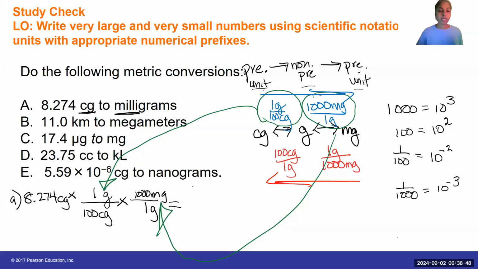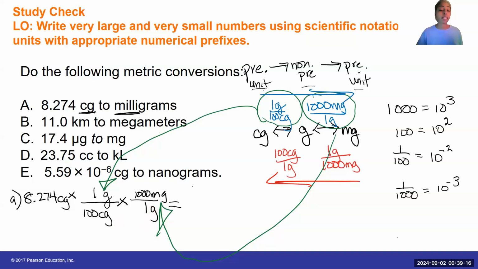When you put this in the calculator, you want to start with what you're given and multiply all the way across the top and divide all the way across the bottom. What do I mean by that? You would put in your calculator 8.274 times 1,000 divided by 100, all in one step. Don't do this step, get the answer, and then do this next step.